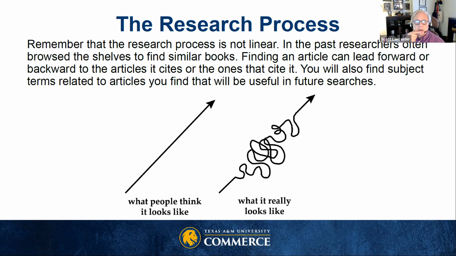And also look at the subject terms that have been assigned to that article, and you use those to go back and do other searches for similar articles, or to narrow the scope of your result list if you've got a result list that's too big to look at everything in it.